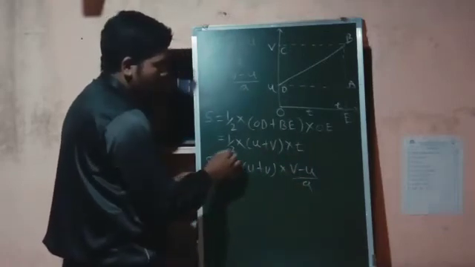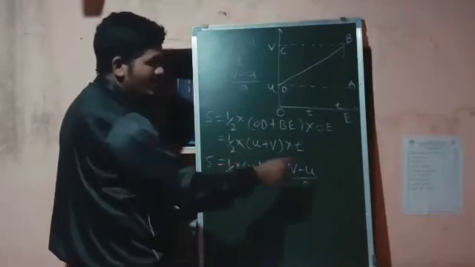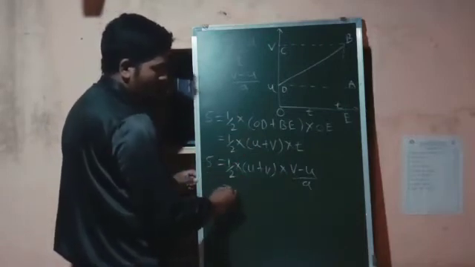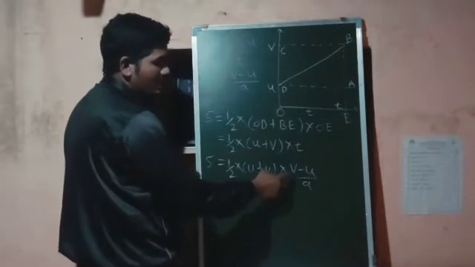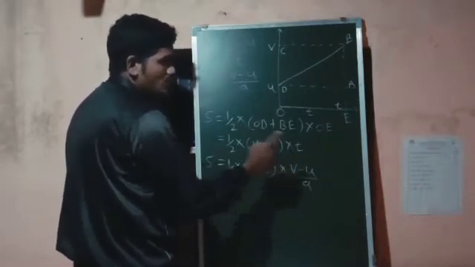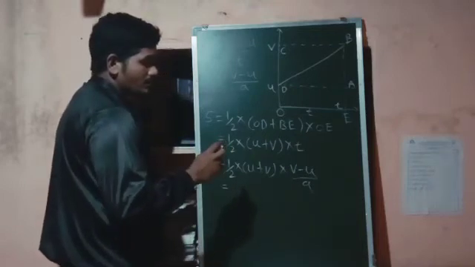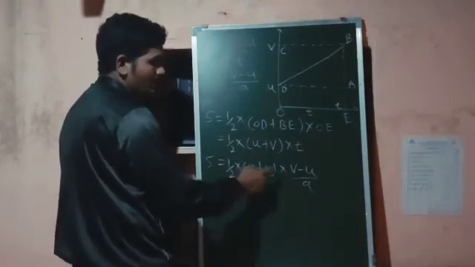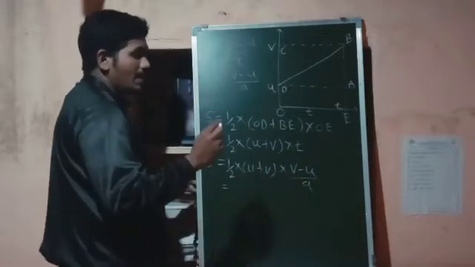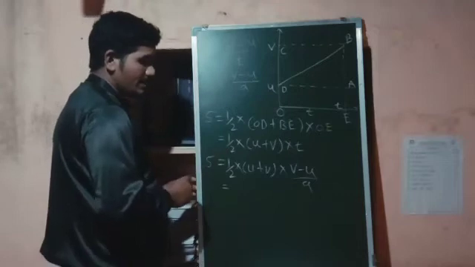Now this is your S. As you can see, I can write them combinedly, since there is a multiplication sign between them. Plus U and minus U, what will it be? It will be minus U square.